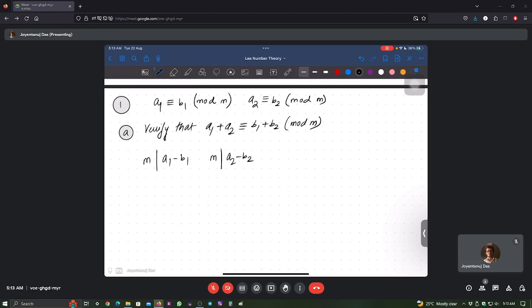A1 minus B1 equals Mk, and A2 minus B2 equals some Ml, suppose.